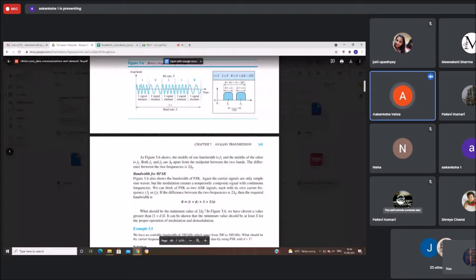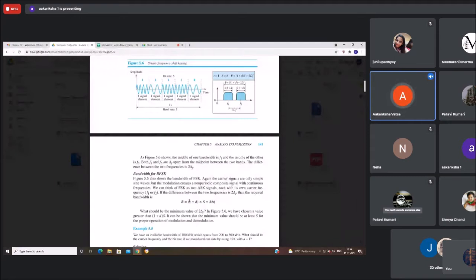So if the difference between the 2 frequencies is 2 delta F, then the required bandwidth is 1 plus D into S, which was the normal one. This is the actual formula for bandwidth, 1 plus D into S, but we also need some gap between the frequency spectra so that the signals do not interfere and we have clear demarcation. So 2 delta F is basically the difference between these two regions.